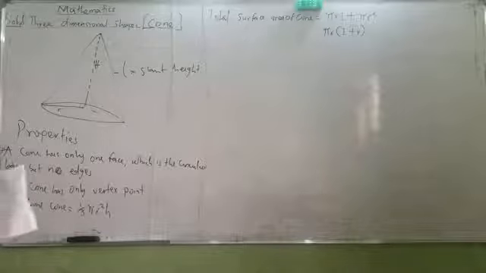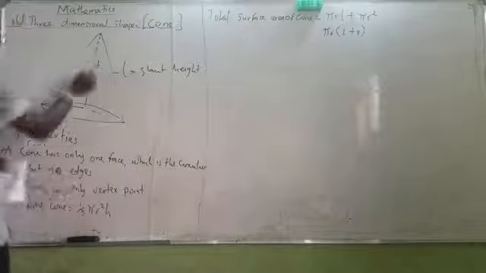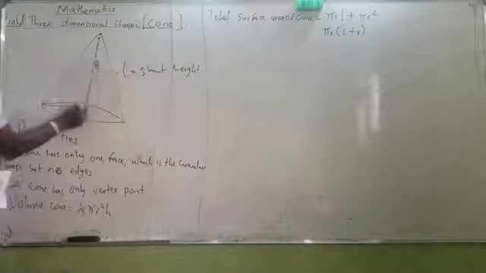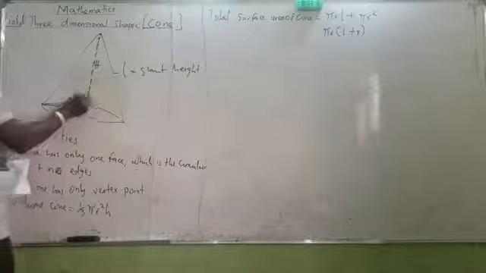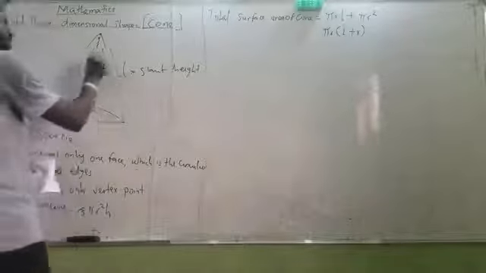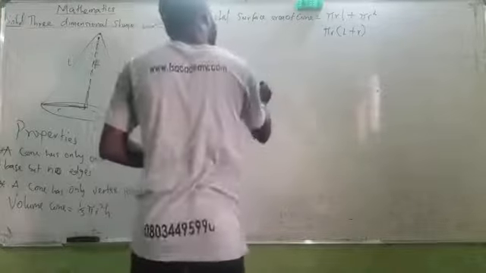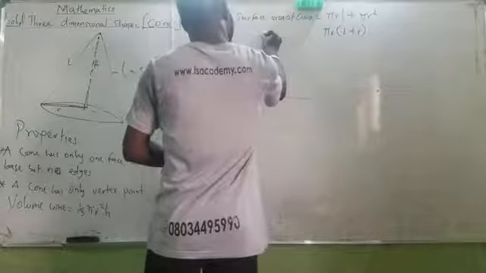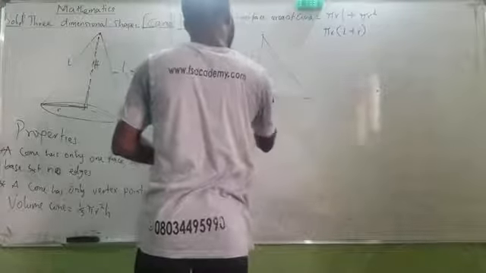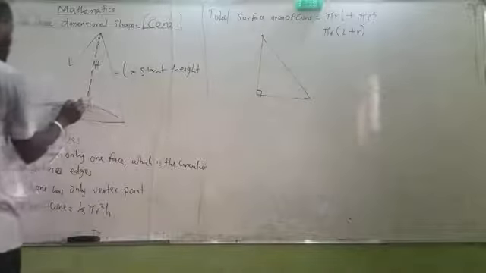Now, how do I find my slant height? For me to find my slant height, don't forget, if I bring this out, this is the slant height, this is the height, this is the radius. This runs me to the Pythagorean theorem. You can see this is a right angle.